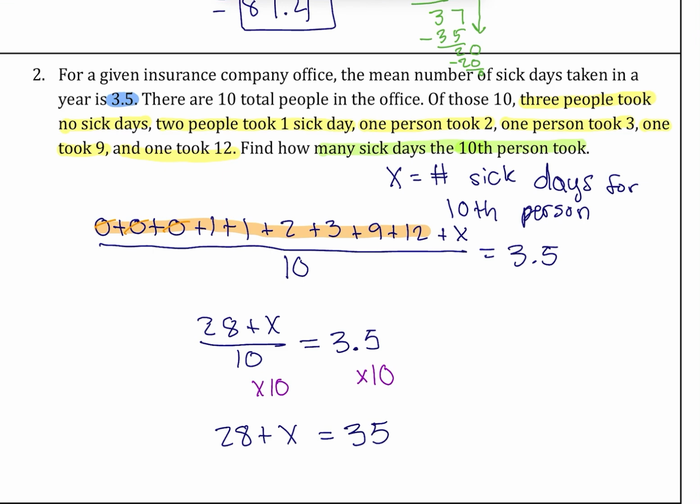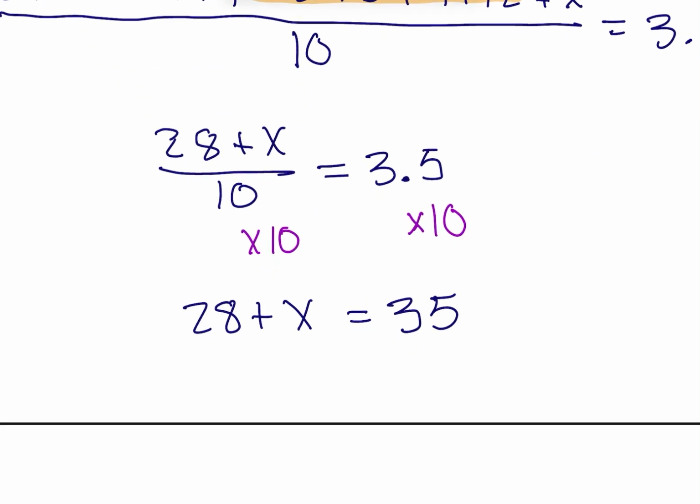The very last thing we need to do to solve for x is subtract 28 from both sides. So 35 minus 28. Maybe you can do that in your head, maybe not. You might need to do some side work, but you should get that that equals 7.